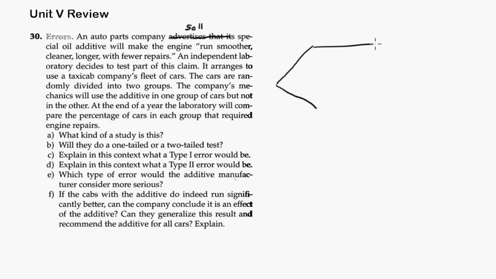what we have is an experiment. Just to make a quick connection to the previous semester, treatment 1 would be we would use the additive, and treatment 2 would be no additive.